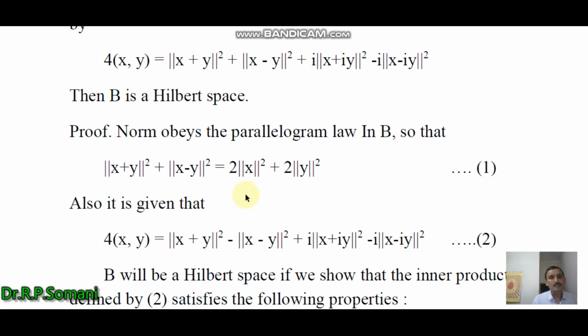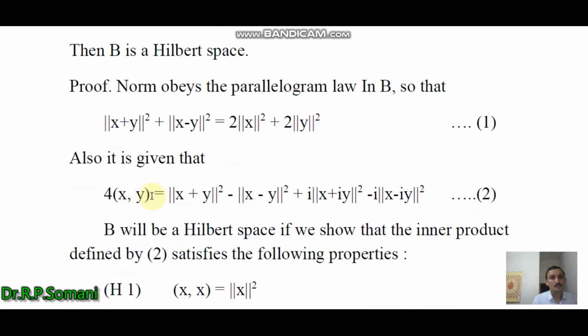And it is also given that the inner product of x, y is defined by norm x plus y squared minus norm x minus y squared plus ι norm x plus ιy squared minus ι norm x minus ιy squared, and this we denote as equation number 2.